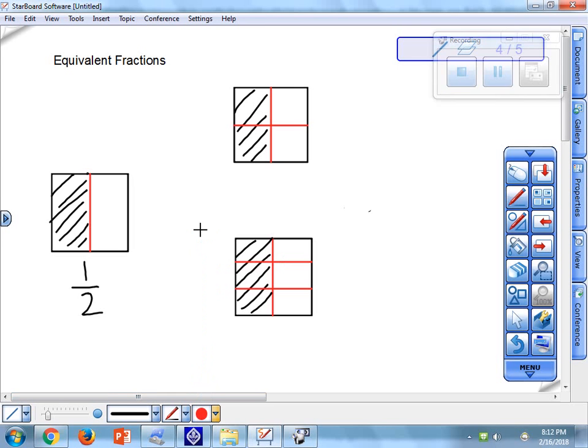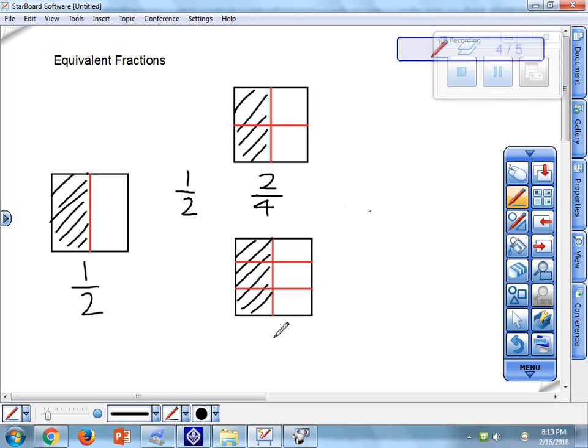The second unit square that's up above here, notice that there are 2 pieces that are shaded and there are 4 pieces total that the square was split into. However, notice that that is equivalent to 1/2, right? The same amount of area is still shaded in that case.